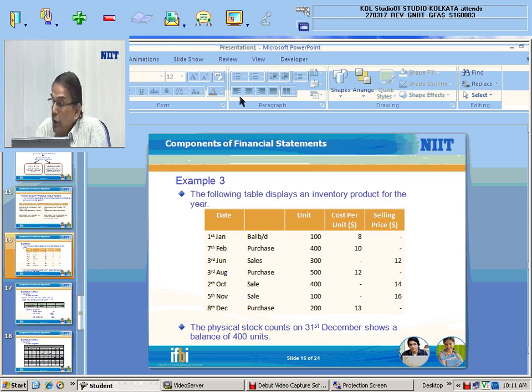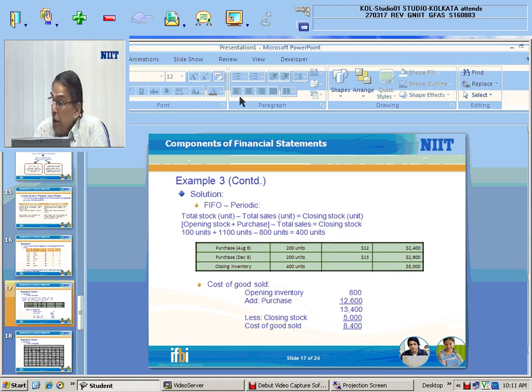So the cost of these units will be 200 into 13 plus 200 into 12. The total cost will be 2,400 plus 2,600, so the 400 units will be taken at 5,000 using the FIFO method and periodic inventory system.